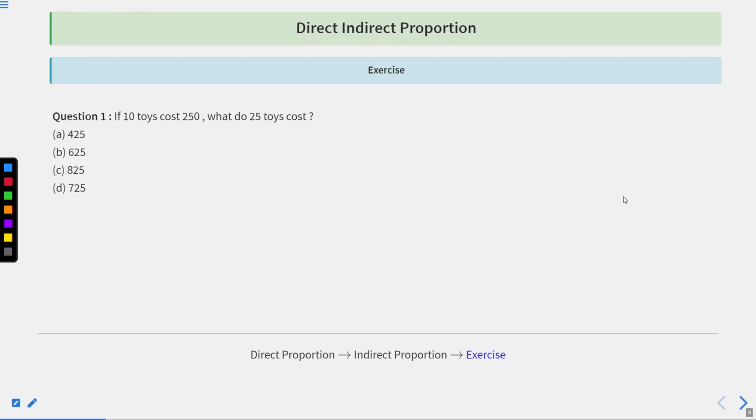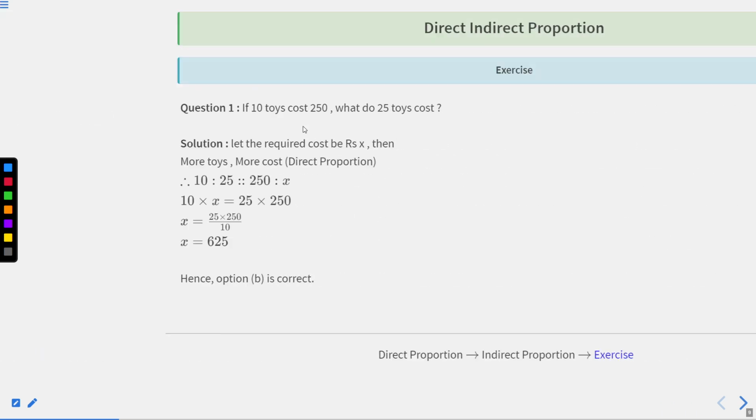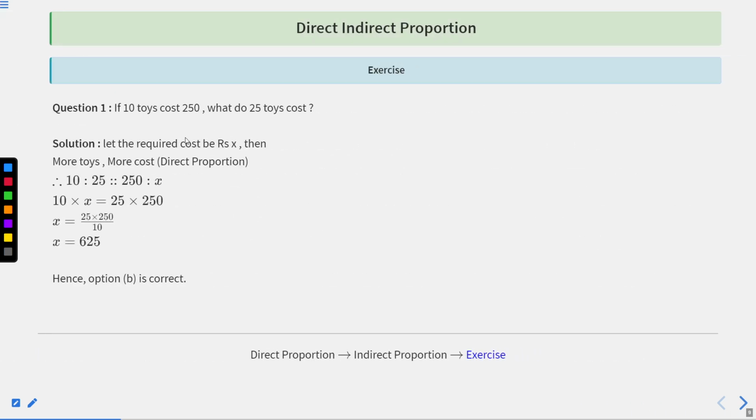Now, that was all about the theory that we had to discuss in direct and indirect proportion. And now we are ready to discuss some questions on these topics. If 10 toys cost 250 rupees, then what do 25 toys cost? Let the required cost be x.